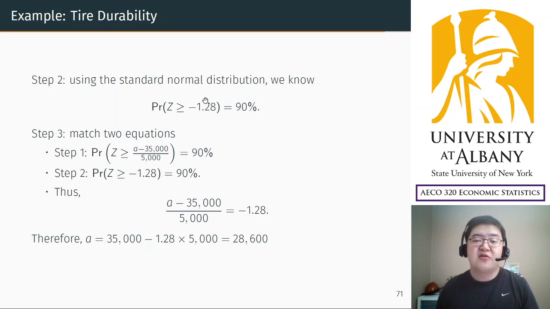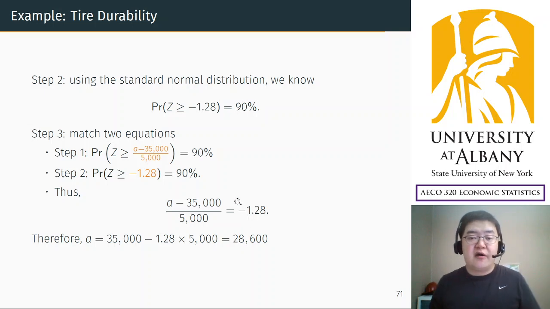And then in the third step, these two have the same structure, so you have to match these two. The standardization equals minus 1.28, which means this. If you solve this equation for A, you will have this, and the end will be 28,600 miles, right?